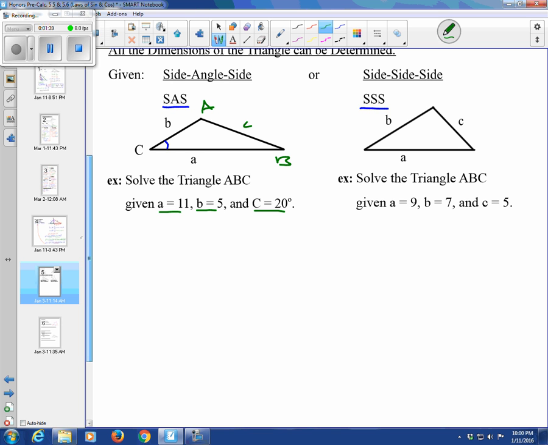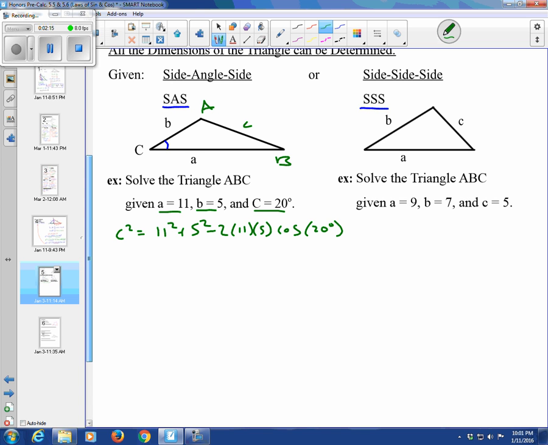Right? Now, the easiest thing to do is going to be to solve for C, because right here we've really got the things that we would plug into law of cosines to determine what C squared would be. So with law of cosines, C squared is going to be our A squared of 11 squared plus our B squared, which is 5 squared, and then minus 2 times our other 2 sides, 11 times 5, times cosine of the angle we have, 20 degrees.